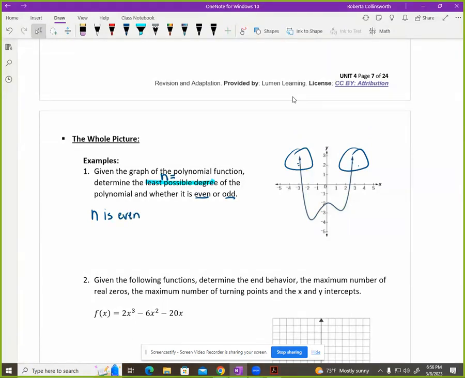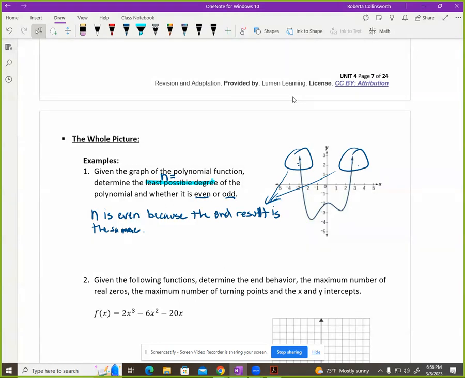So I'm going to write that down. N is even because the end result is the same.